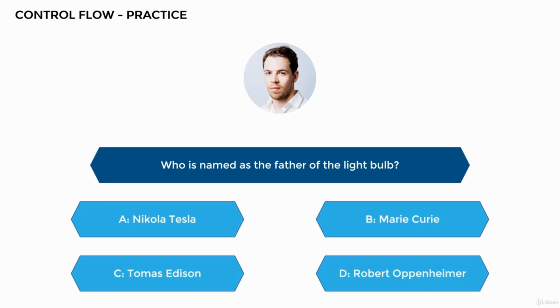After that, use control flow to decide whether your answer was right or not, and print out something if it was right and another one if you were wrong. I would recommend you to pause the video here and try to do it on your own. Then, if you are finished, start the video again and see how I solved this task.